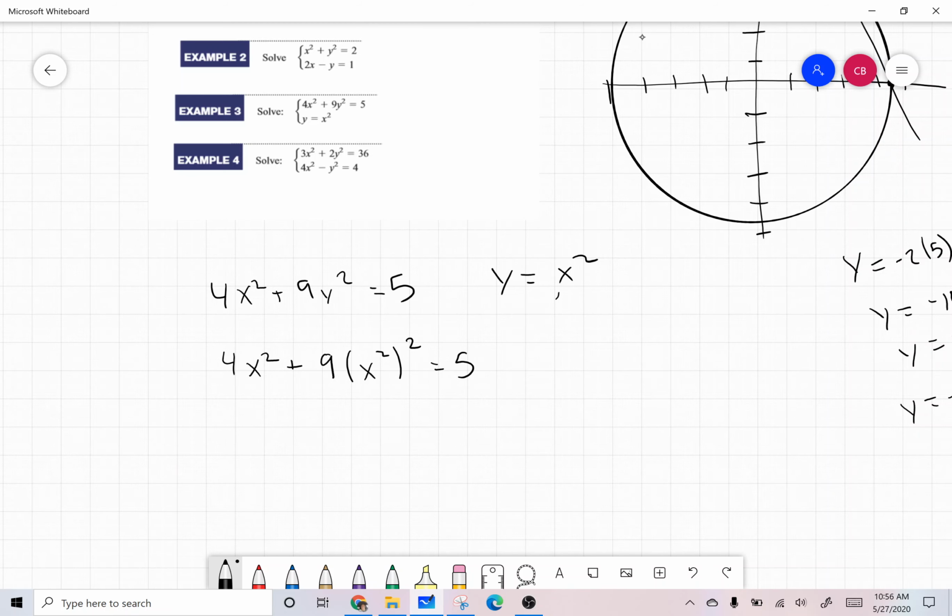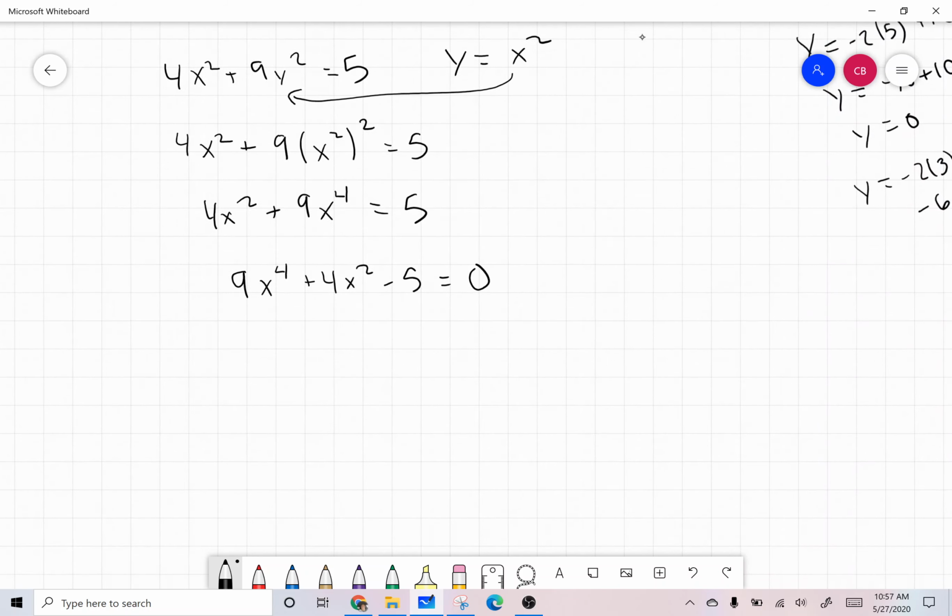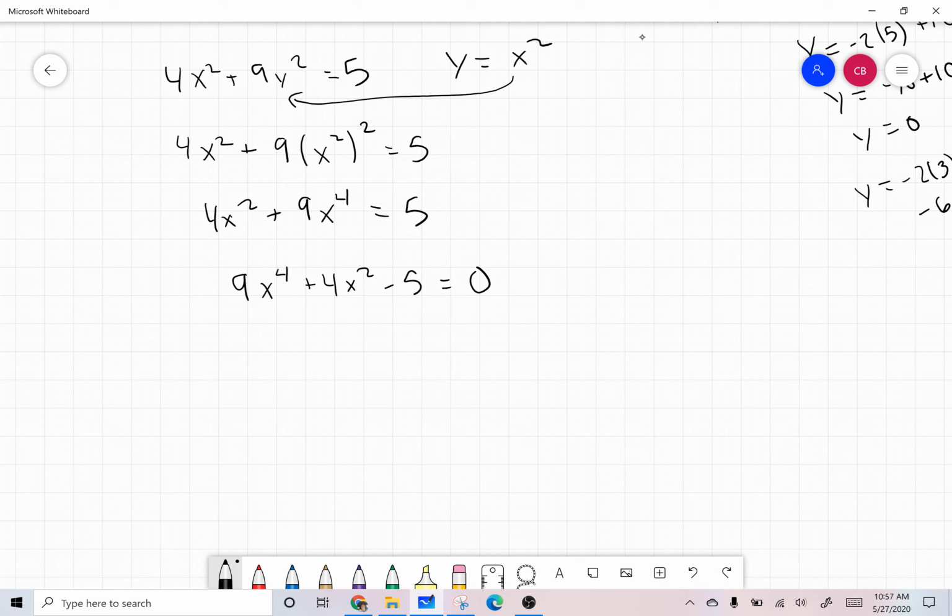So I plugged this into y squared, which is 4x squared plus 9x to the 4th is equal to 5. So this is 9x to the 4th plus 4x squared minus 5 is equal to 0. Let's see if this factors. Who knows? Maybe it does.